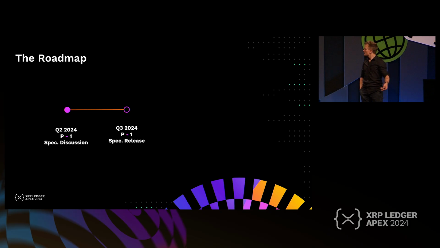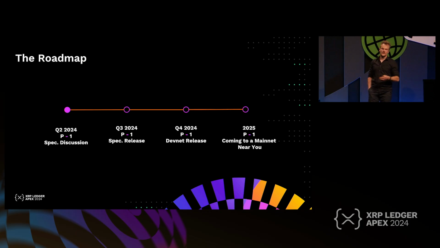RippleD codebase. By the end of the year, we aim to have the lending protocol available on the DevNet so that developers can start playing around, so we can collect feedback and make necessary improvements. In the first half of next year, the lending protocol should come to a mainnet near you.